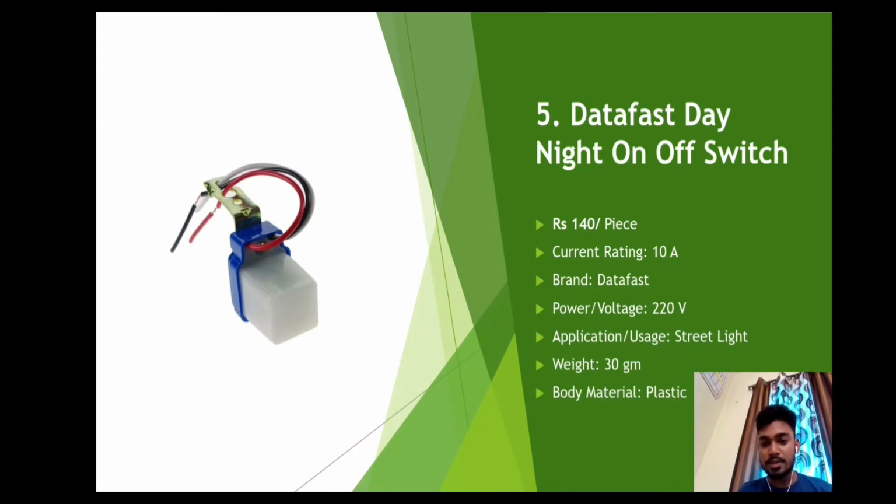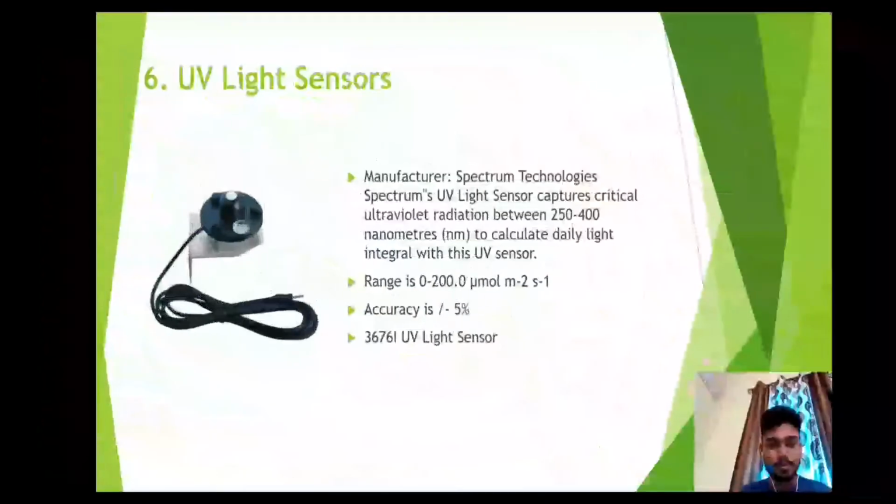The brand of this switch or sensor is Data Fast, and it can work under 220 volt, and it is used in street lights. The weight of this switch is 30 grams, and the outer material, or we can say the body material, is plastic. Hence it is very durable.